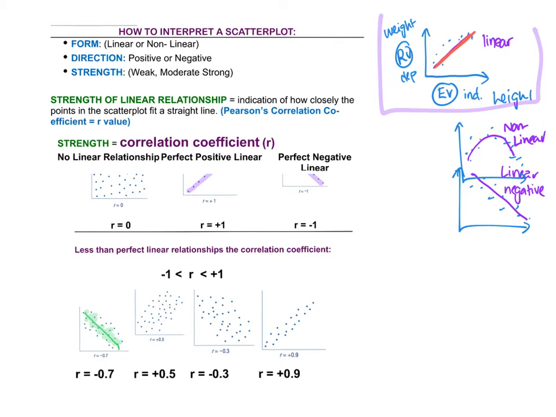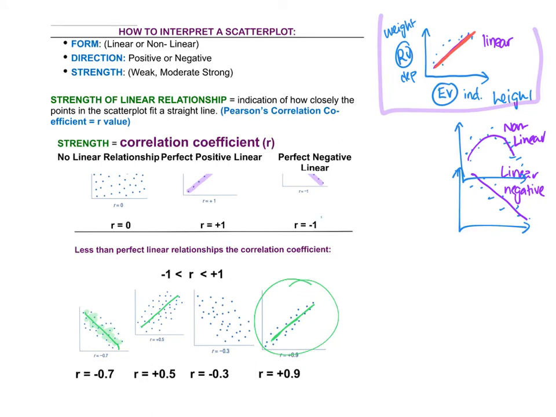So we would say that one is probably moderate. And this one next to it, we might call a moderate positive. And over here, can you see how they're getting really close to being on one line? This last one here, that one's probably a strong positive linear relationship, all right?